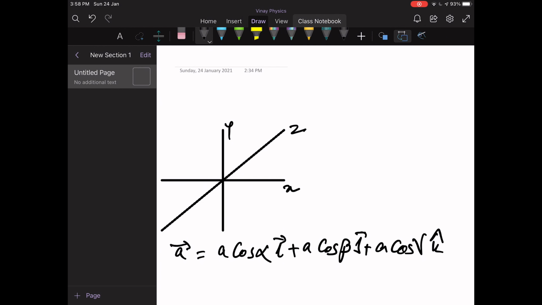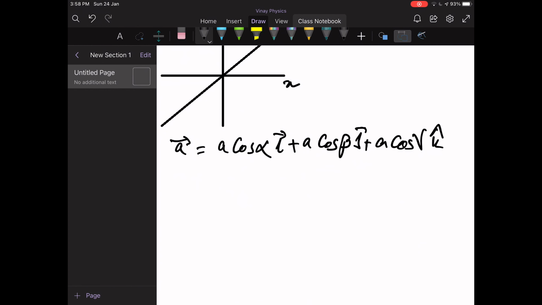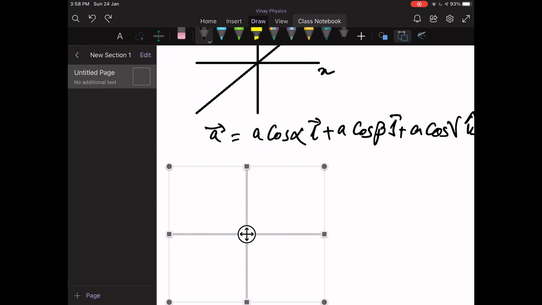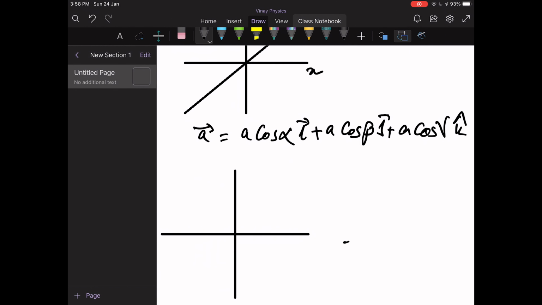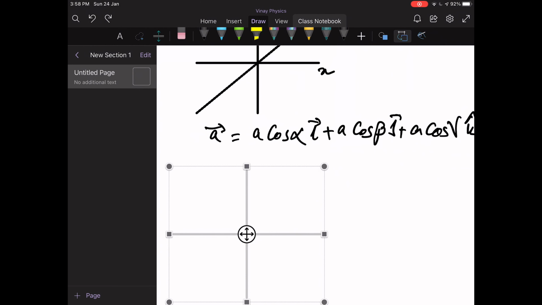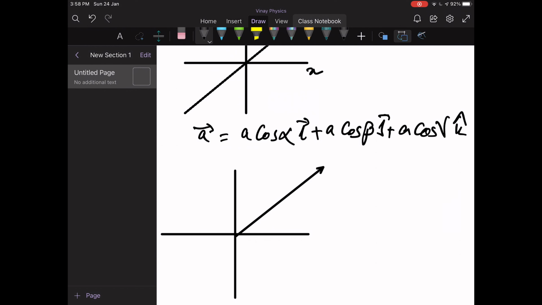So just to understand, if we reduce it to a 2-dimensional vector, we could generically represent using this. So for example, if we take a 2-dimensional axis, let's say this is our vector and this is the angle theta.